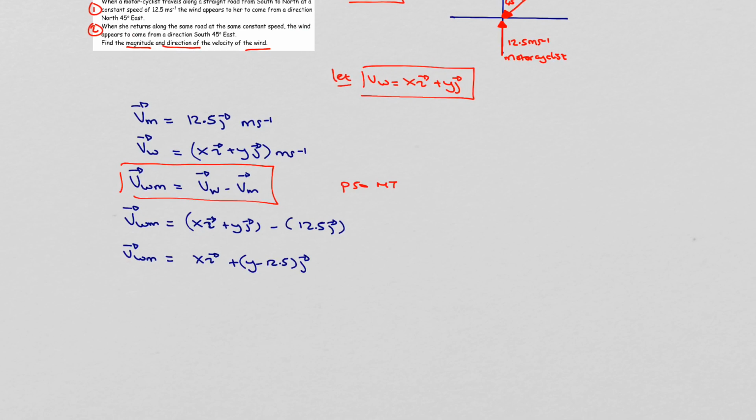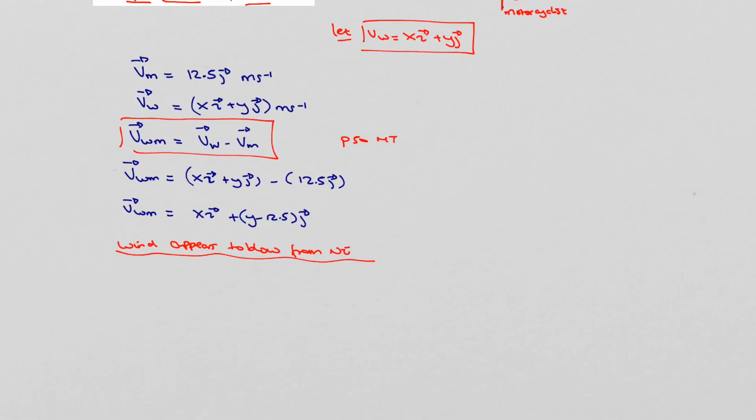However, we know that the wind appears to blow from the northeast. So that gives me my direction that it appears to come from. So in other words, that gives me my slope. In other words, my tan is my j over my i, so my opposite over my adjacent.